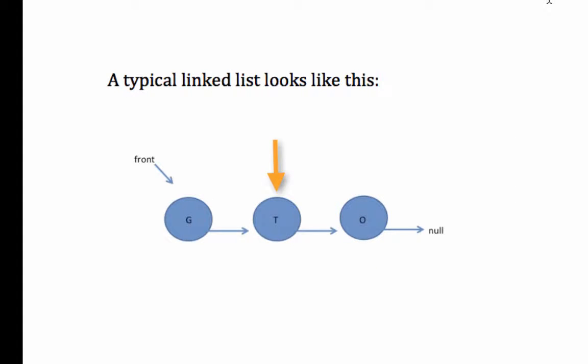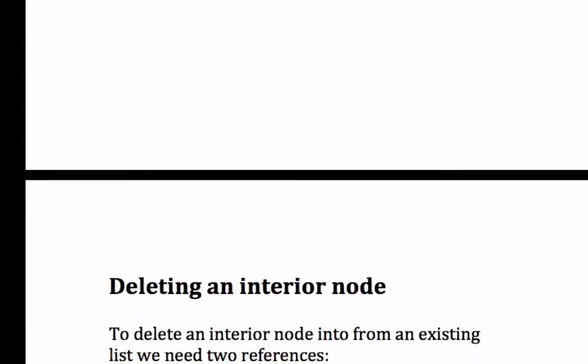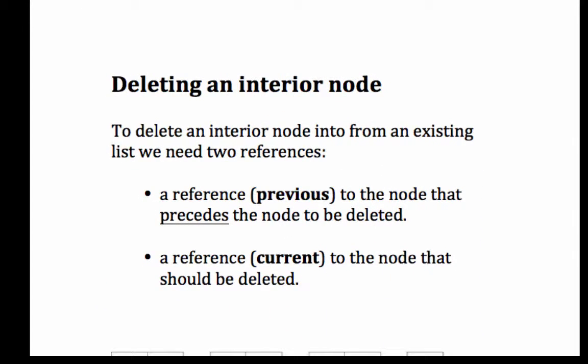We're talking about deleting an interior node from a basic implementation of a linked list. Because we can only traverse the list from beginning to end, or left to right, we're going to need two external references in order to find the node that we want to delete and then delete it from the list.